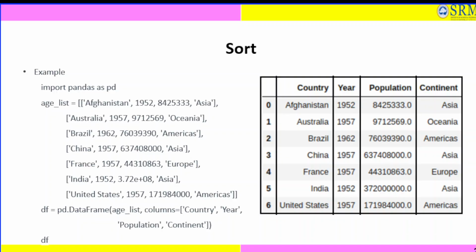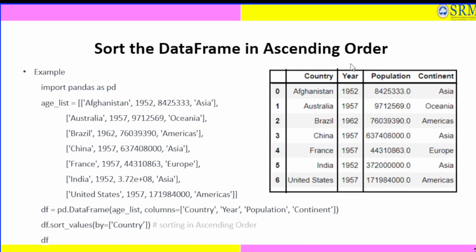Now we'll see how to apply the sort method. This is our data frame, and we have a set of values. Now I want to sort the data frame in ascending order. Of course, we know to use sort underscore values. This is the data frame we have created, with country, year, population, continent, and this is the data we have passed in.